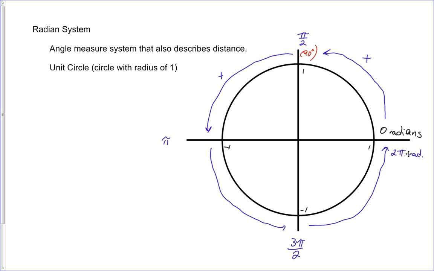Now keep in mind, all of these are radians, so I'm going to write rad after it. Now, 90 degrees is pi over 2. 1 pi is 180 degrees. This is 270 degrees.